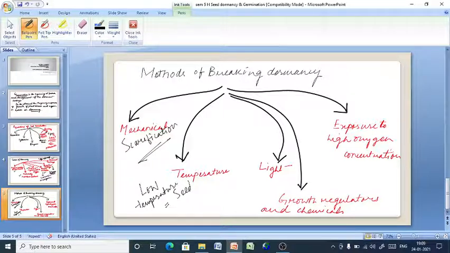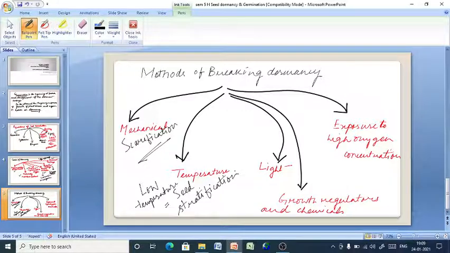You must know this term, seed stratification. And it has been found that we can also induce germination by alternating temperature, that is, by a combination of low and high.